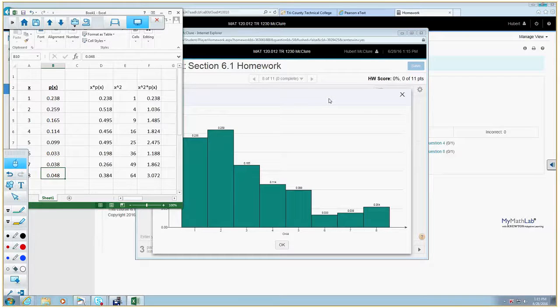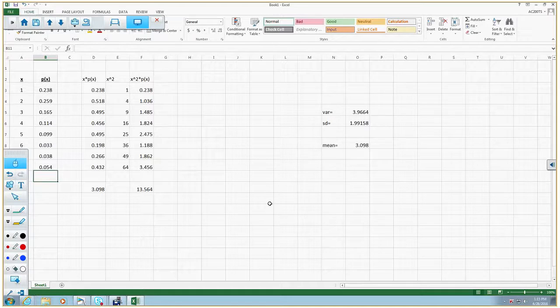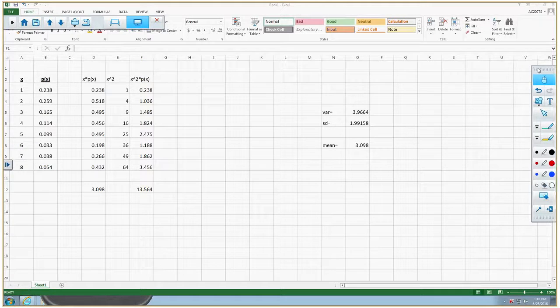And 0.054. And see what y'all got. Can you slide it over? Let me just do this. There you go. Check your numbers. See what you come up with.